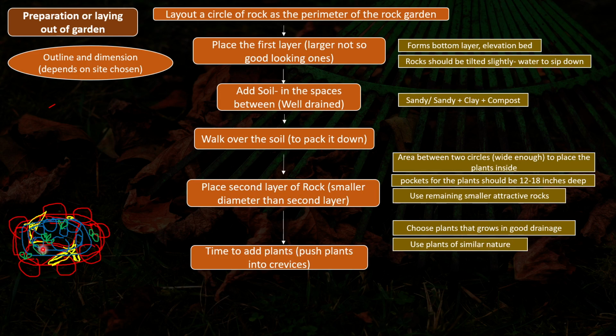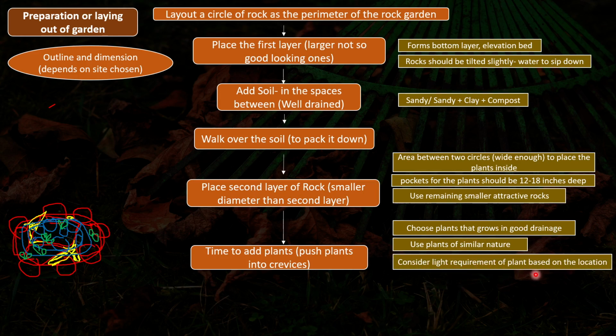Or if you choose a plant that requires water all the time, that is also not possible, because we keep plants that are low on maintenance, right? So you need to use plants of similar nature.